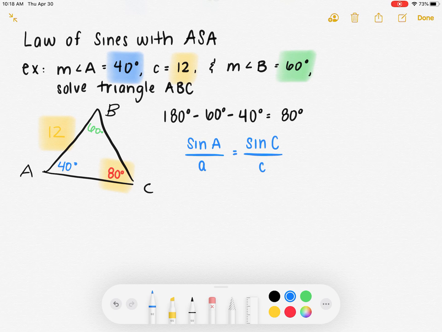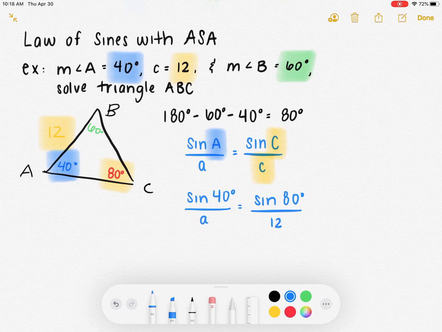So now I'm going to plug into my equation. I'm going to plug in C for both of my C's, and I'm going to plug in angle A, because I know angle A is 40. When I do that, I get sine of 40 degrees over side A, which is what I'm looking for, equals sine of 80 degrees over 12, because side C was 12.